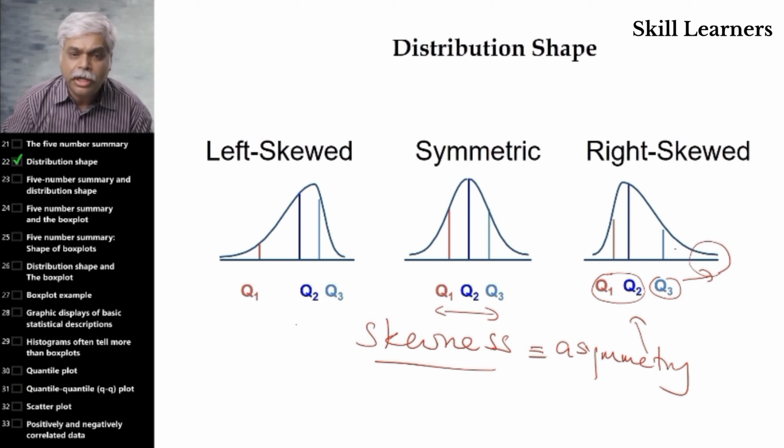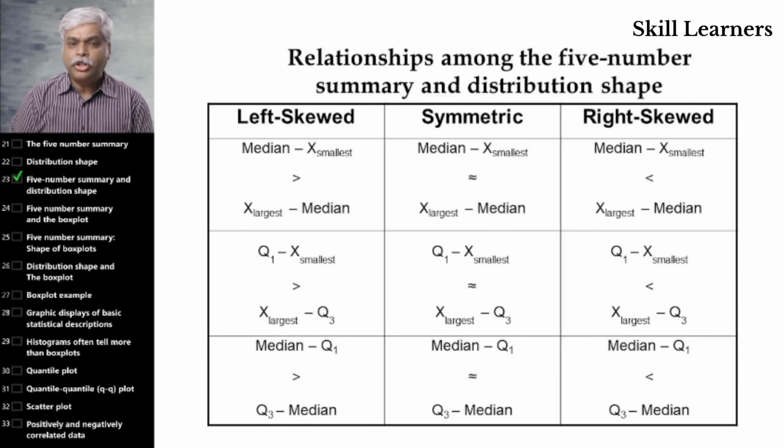The more asymmetric it is, the farther away Q2 is from the middle of Q1 and Q3, which can be measured by numerical ways of saying what is the difference between the median and the smallest, the median and the different quartiles, etc. And you can have sophisticated formulas for these things, which often are back of the envelope ways to see whether I have a problem on the upper tail of the data or on the lower tail of the data.